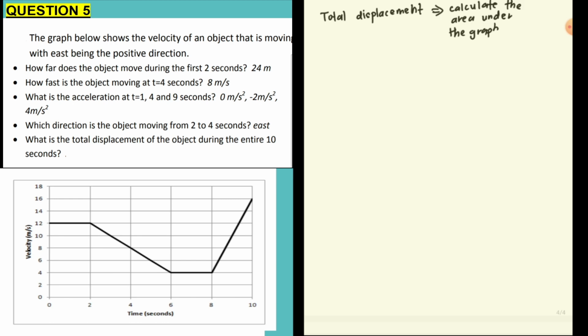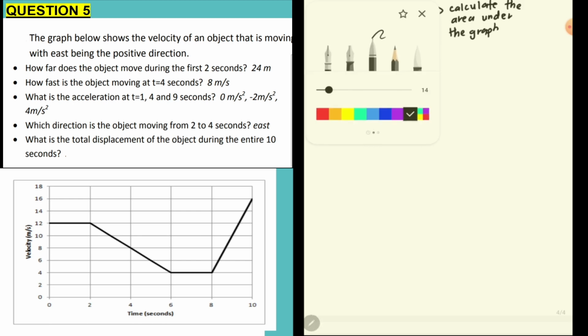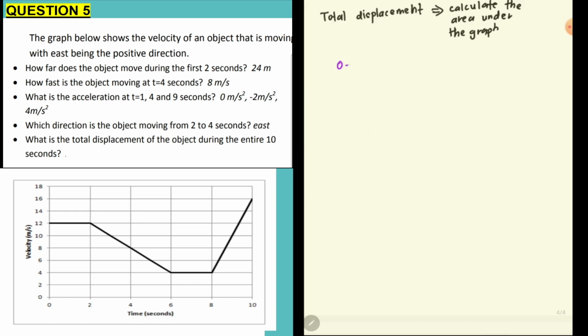So we can calculate first from 0 to this one. This is the trapezium. Tadi kita dah kira from 0 to 2 seconds, 24 meter. And then from 2 seconds to 6 seconds, it's a trapezium.